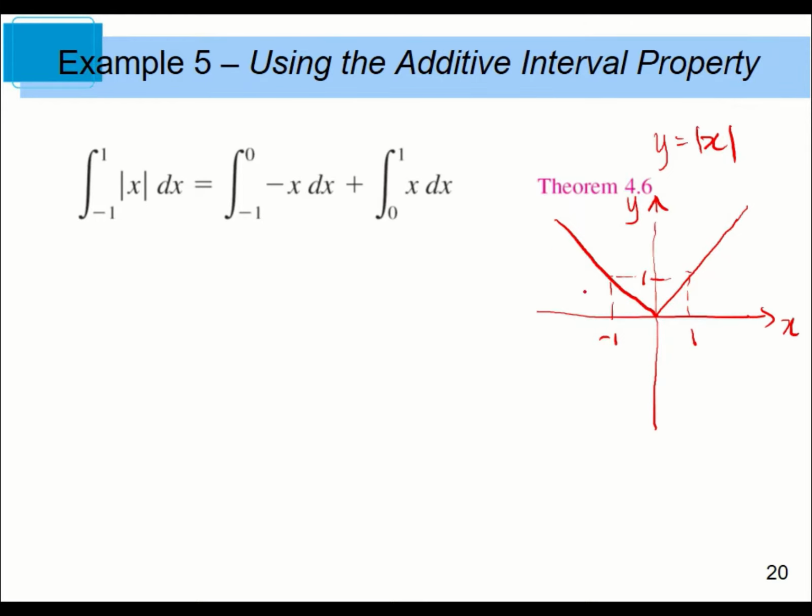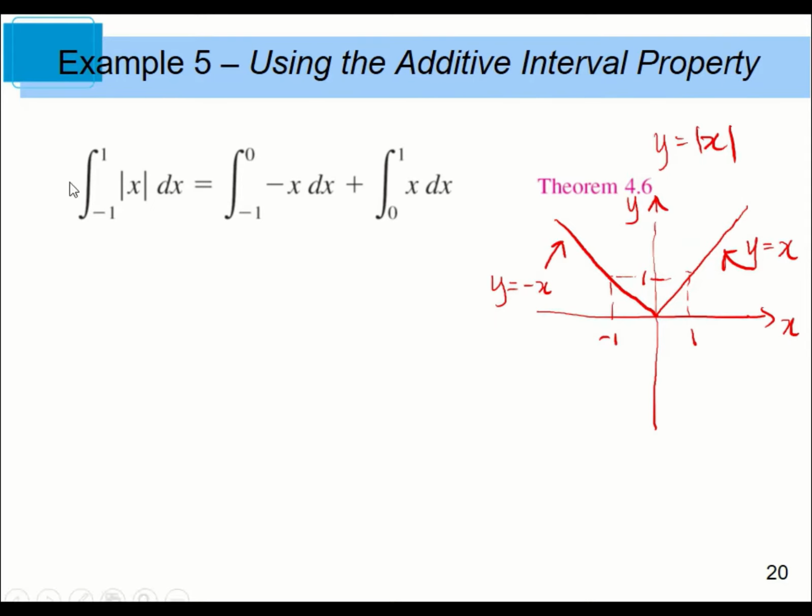Now, if we split this graph into a piecewise defined function, the equation will be y equals -x for the negative side. And as for the positive side, y equals x. When x is 1, y is 1. And when x is -1, y is the negative of -1, which gives 1.